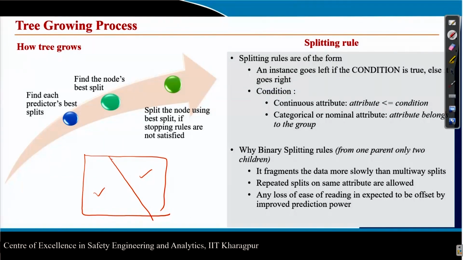When you do this partitioning, which predictor variable are you using? If there are more predictor variables, you have to find the split using each of them. So first is find each predictor based split. I will explain a little later what it means.